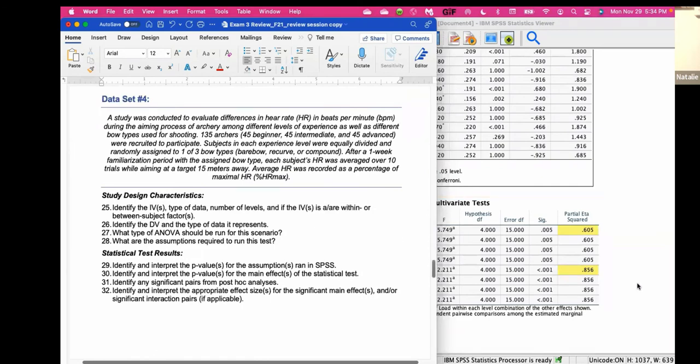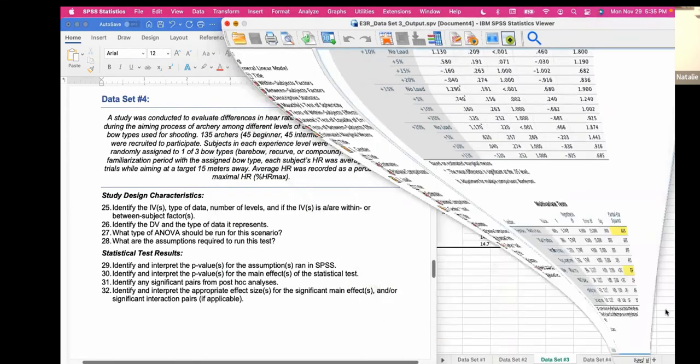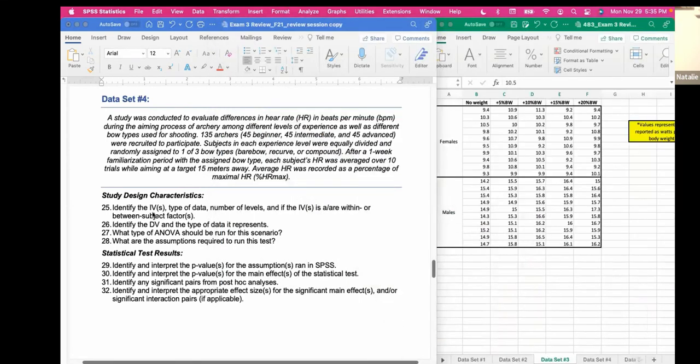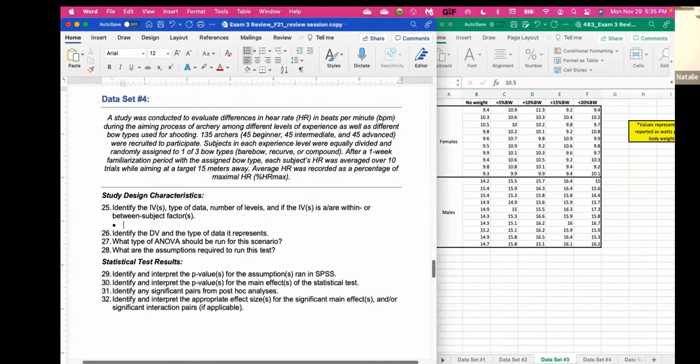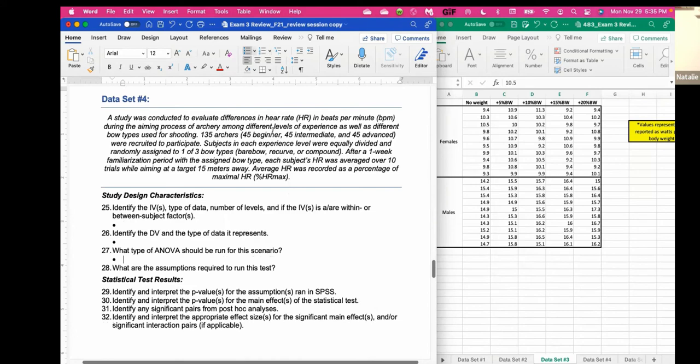For data set number 4, I know we're starting to run short on time, which I kind of had an idea would happen. So I'm just going to do the variables for these ones and the type of ANOVA, just so you make sure you've got that part down.